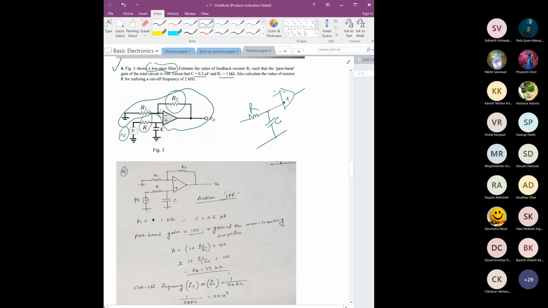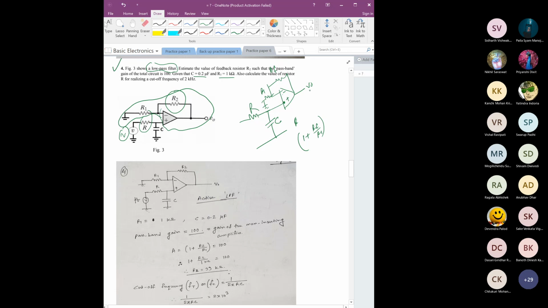This is a non-inverting amplifier. Whatever is coming here is expected to get a gain, and that gain depends on these resistance values, which is 1 plus RF by R1, the gain of this non-inverting amplifier.